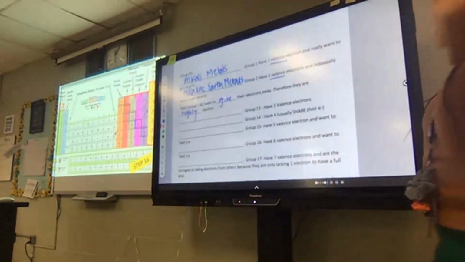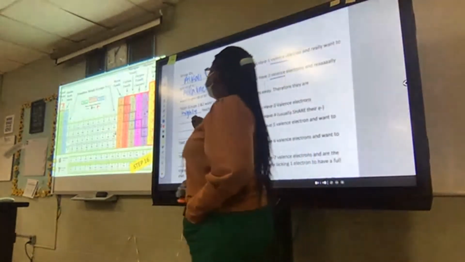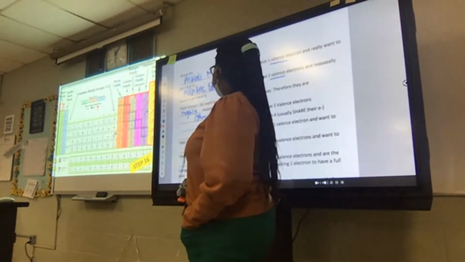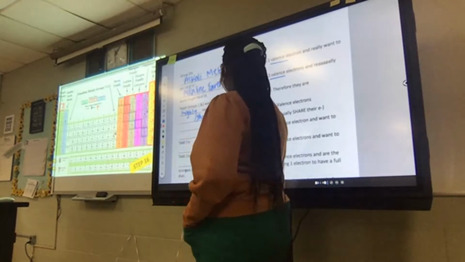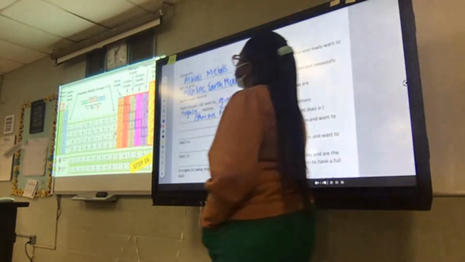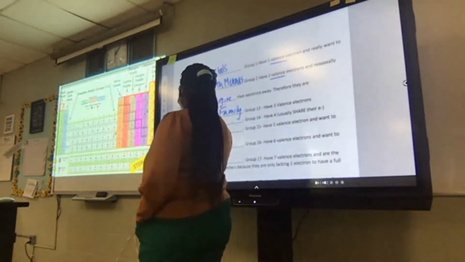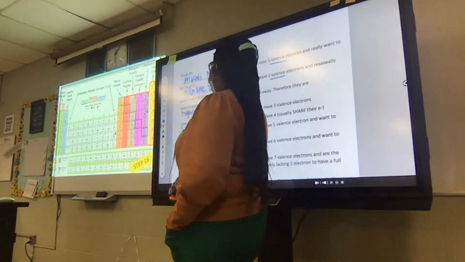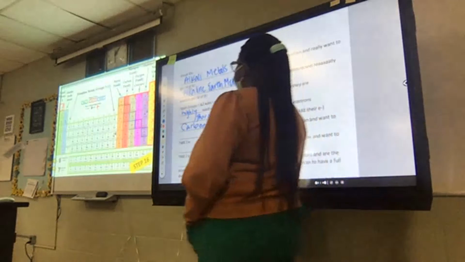Group 13 is called the boron family, B-O-R-O-N. Group 14 is the carbon family. We really won't call them this often. Group 15 is going to be the nitrogen family.